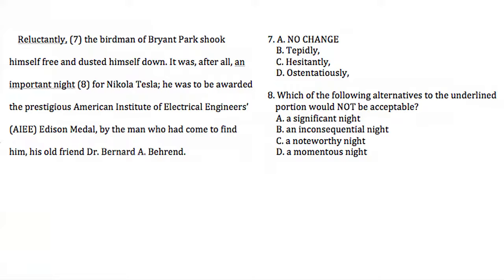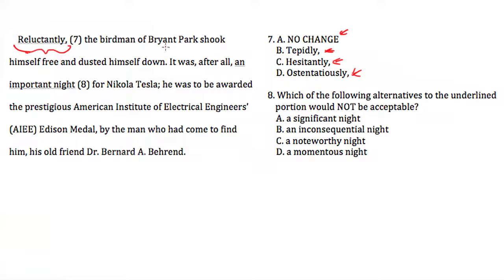Question 7 on our worksheet is asking about the very first word in the next paragraph. Reluctantly, comma, the Birdman of Bryant Park shook himself free and dusted himself down. Now we can leave this as a no change. We can change it to tepidly, hesitantly, or ostentatiously. Well, the title of this article is The Birdman of Bryant Park.